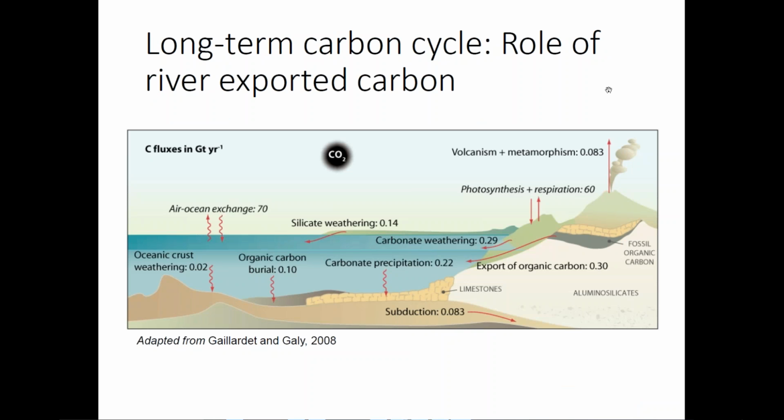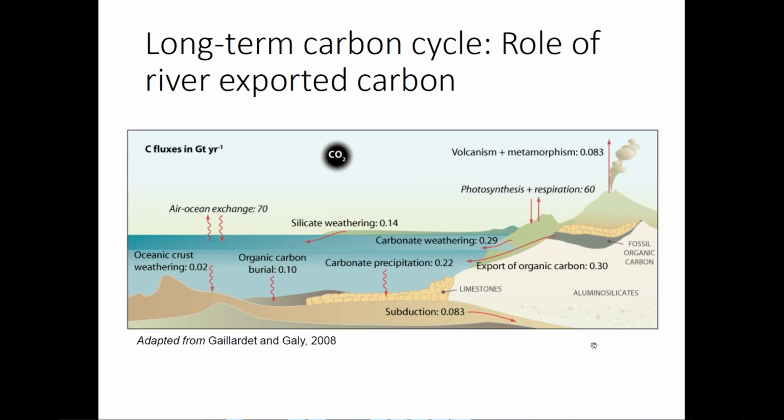All right, so why is all of this important? I can't really point to it, but if you can see the river where it says export of organic carbon at 0.03, essentially what happens is that you have photosynthesis and respiration, and obviously you have on-site deposition, for example, with soil.